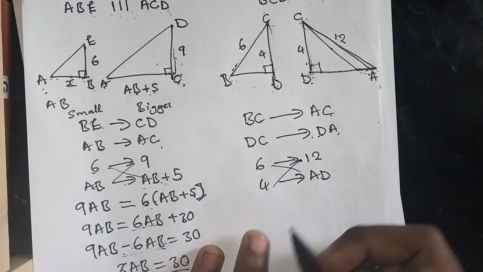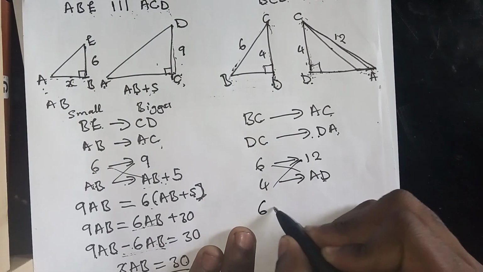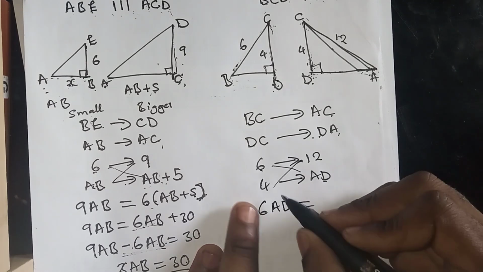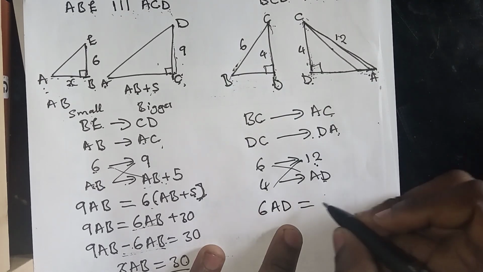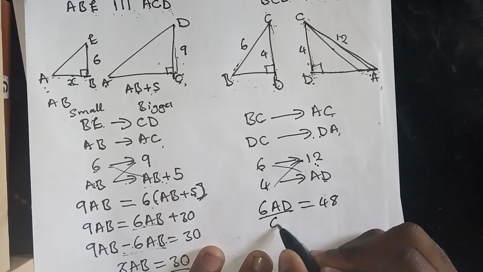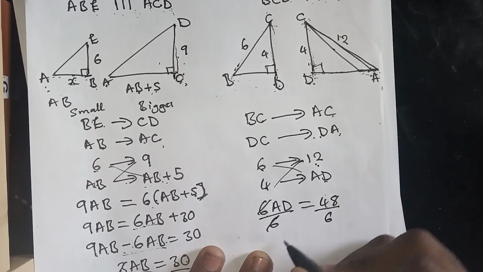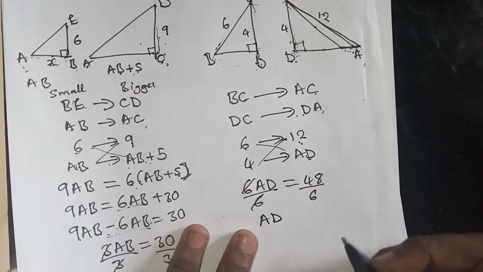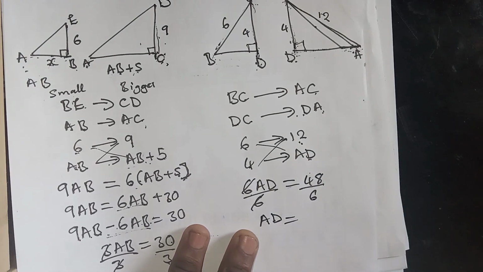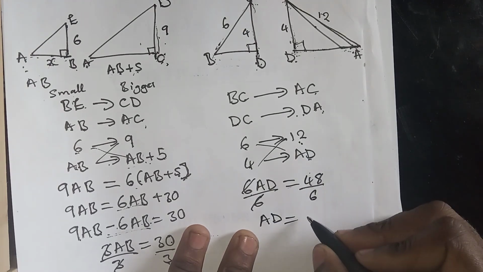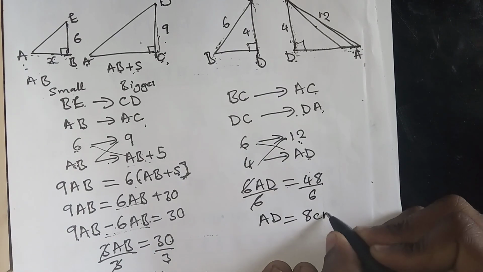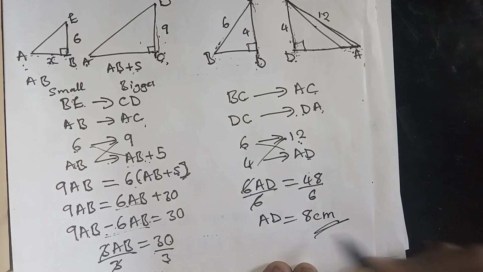So 6 by AD is 6AD. Then you can put an equal sign and say 4 by 12, which is 48. Then to solve for AD, just divide both sides by 6, so that your AD is equal to 6 into 48, is it a 7? 8. That's an 8. So this one will be 8 centimeters, and you are done.